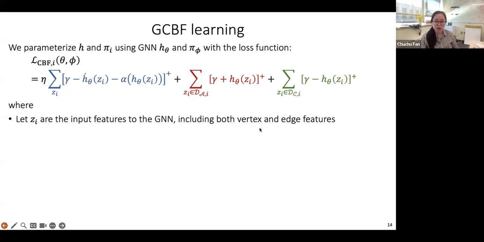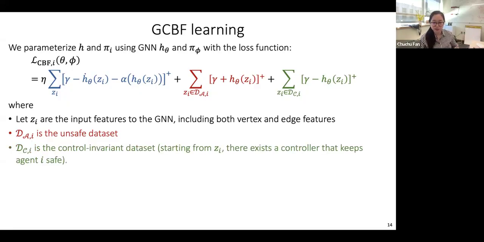And what the remaining two terms are basically saying is that, remember, my H is positive for states that are safe, and negative for states that are unsafe. So the second one says, if my data is unsafe, then I want H to be negative, and I will penalize it when it is positive.